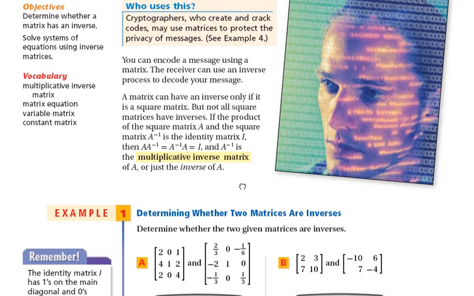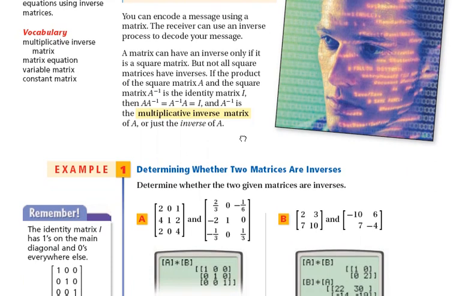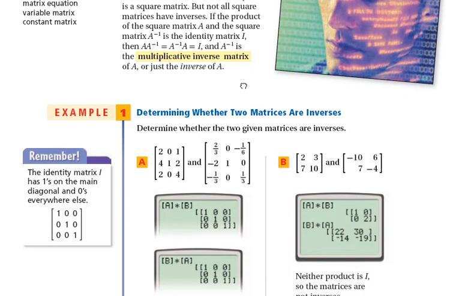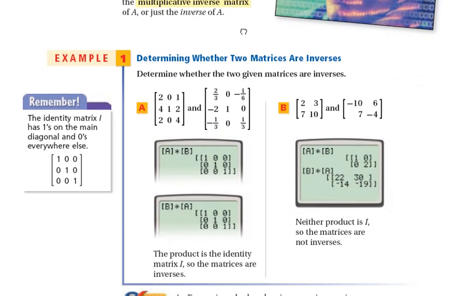To determine whether two matrices are inverses of each other or not, what you want to do is take the two matrices and multiply them together. You can do this by hand, or you can use a graphing calculator or an online calculator.